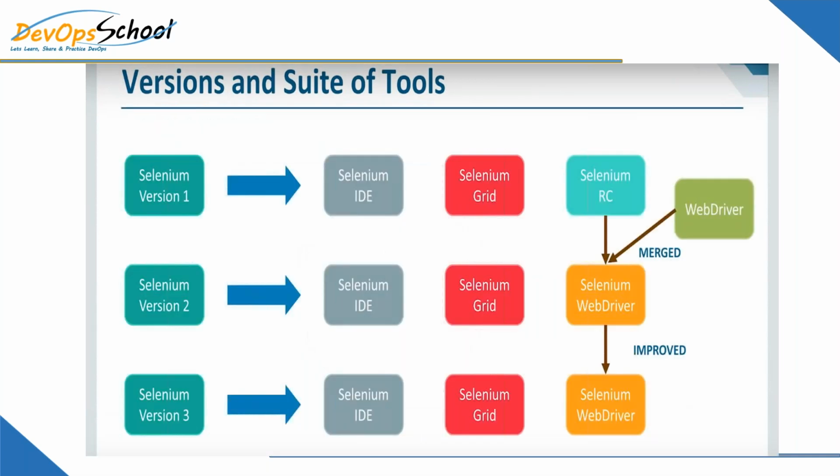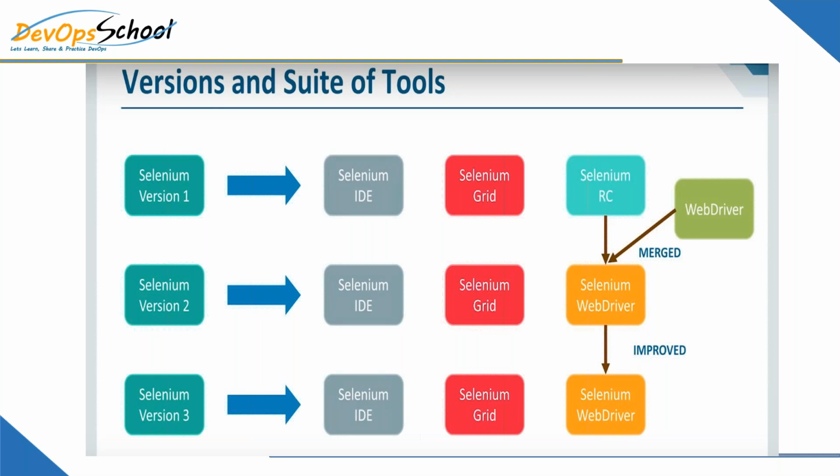In the version which got introduced as Selenium version 1, we had IDE as a separate component, Grid separate, and RC separate. But in Selenium 2, IDE remained the same, Selenium Grid remained the same, but they merged Selenium RC and WebDriver into one, and we started calling it WebDriver.